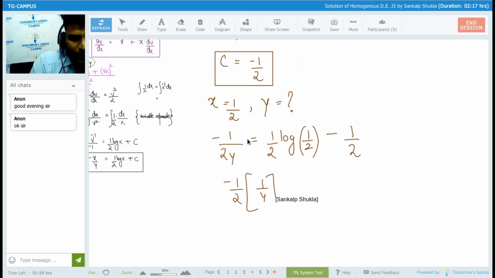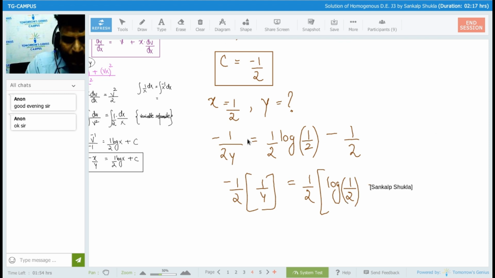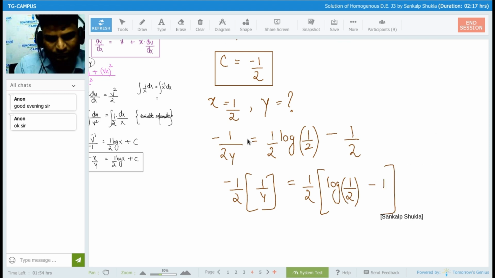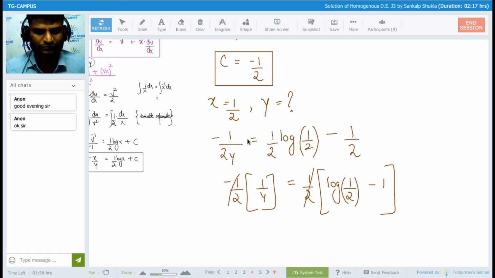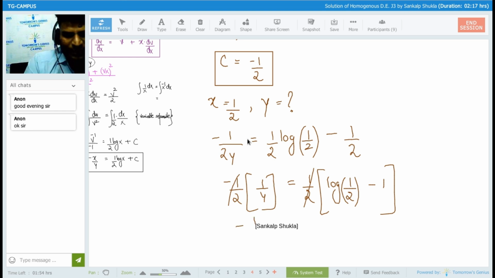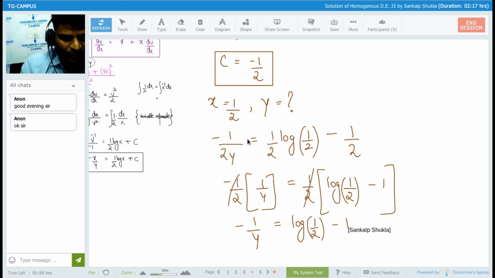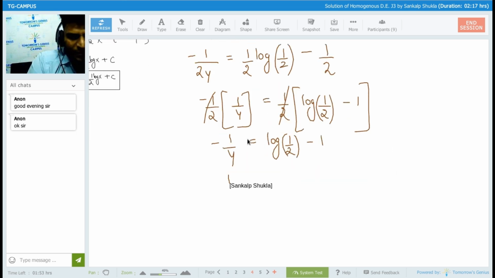So this will be 1 by y, and if we take 1 by 2 as common, this will become log 1 by 2 minus 1, and this can be cancelled. So minus 1 by y is log 1 by 2 minus 1. So 1 by y can be written as 1 minus log 1 by 2.